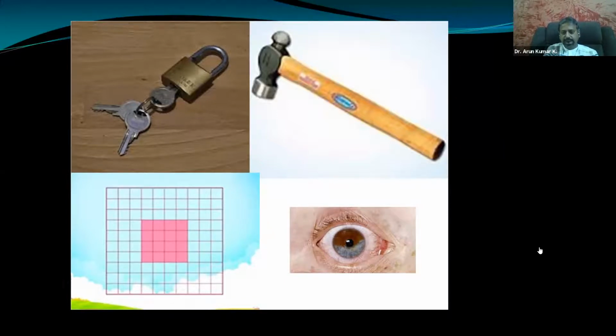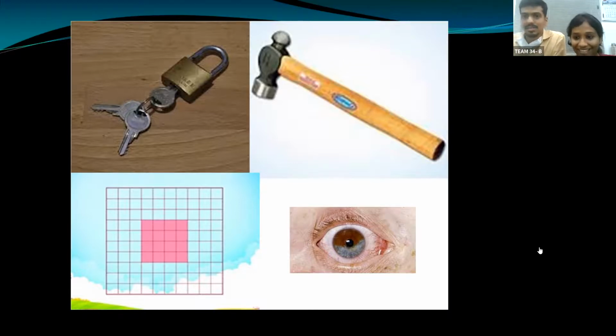Do you have the answer? The time is up. Team 34, your voice is not clear. Orbit, area of orbit. Yes, it's Hammer's key area. You got it right. What is Hammer's key area? Can you explain, team 34?